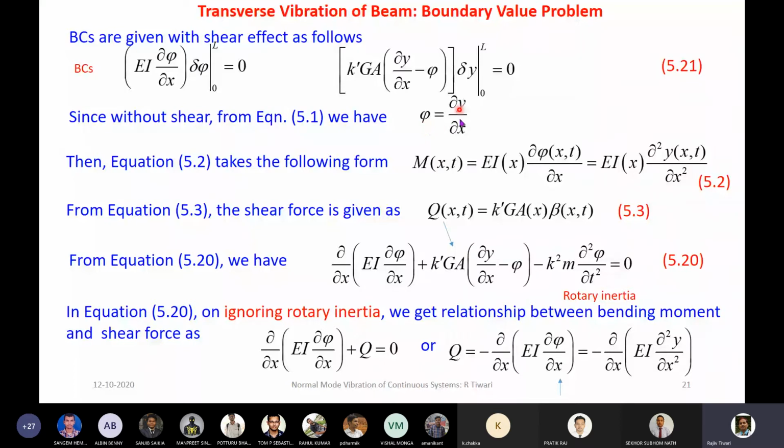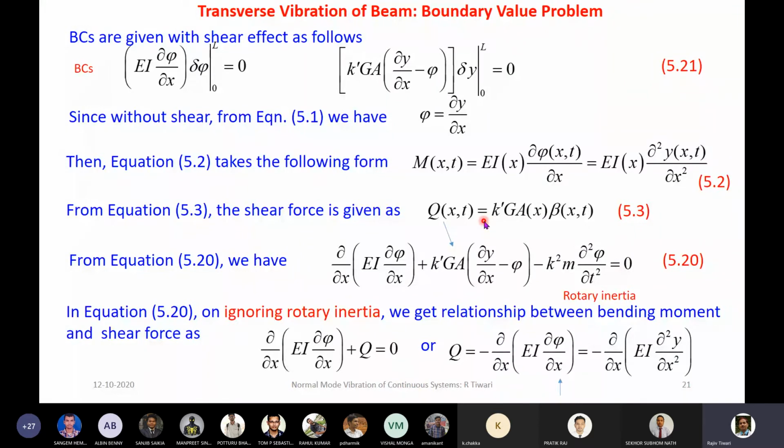So phi will be dy by dx. So the bending moment, which we define as EI del phi by dx, this phi can be replaced by this. So the bending moment relationship, you are already familiar with, in which EI del square y by dx square is there. Then the shear force, this is the K prime term I was talking about. So now we need to simplify the shear force term.